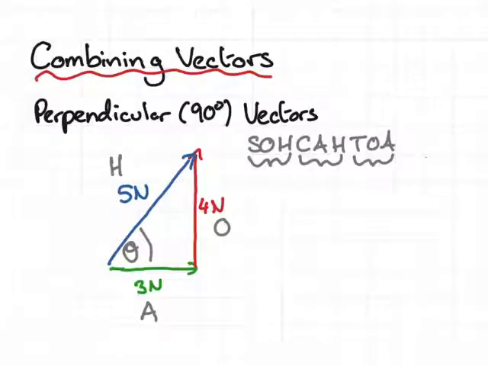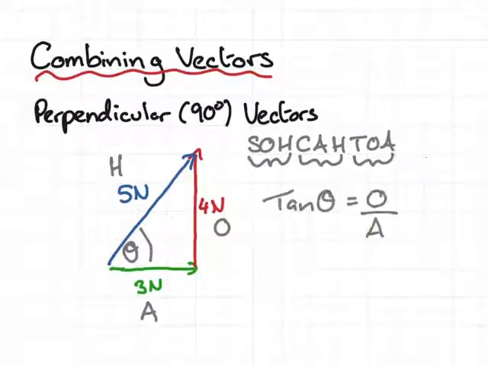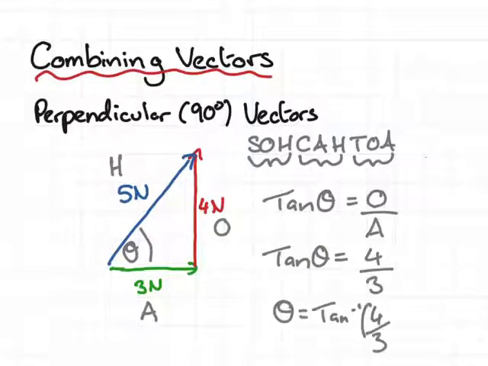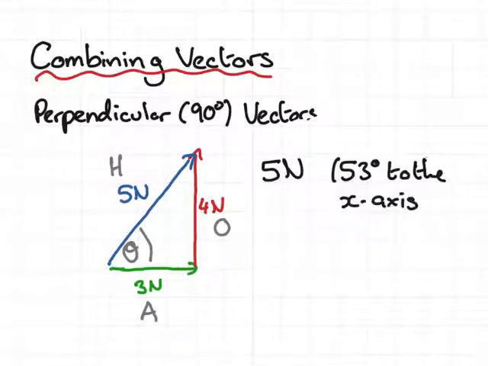I think I'm going to pick tan today though, so we'll do tan theta, which equals opposite divided by adjacent. So tan theta will equal 4 divided by 3, and then if we do the inverse tan, we should get an answer of 53 degrees. So our final answer is 5 newtons at 53 degrees to the x-axis.